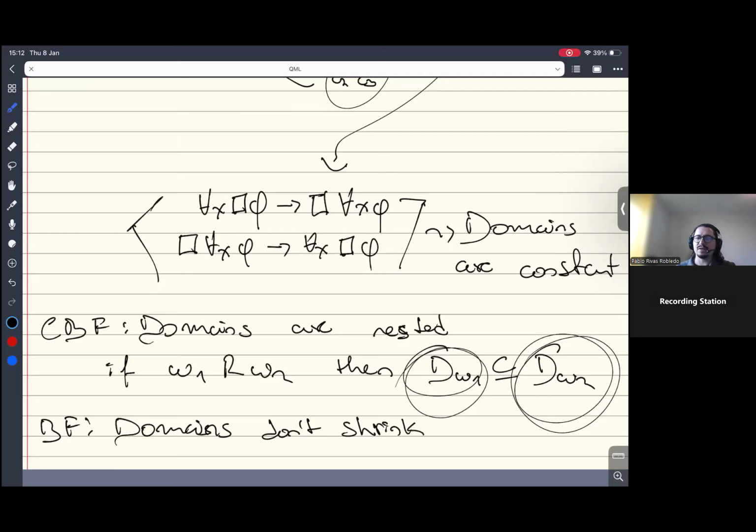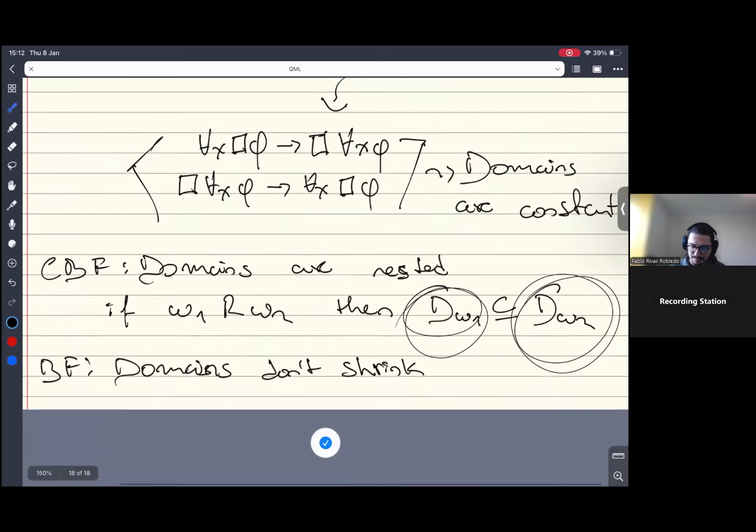Which is basically that if you have something in the domain and another world is accessible, you don't lose any of the objects that you had before. So it's not only that they have to be the same, you cannot remove anything from it. The other one is telling that you cannot add, and this one is telling that you cannot remove from it.